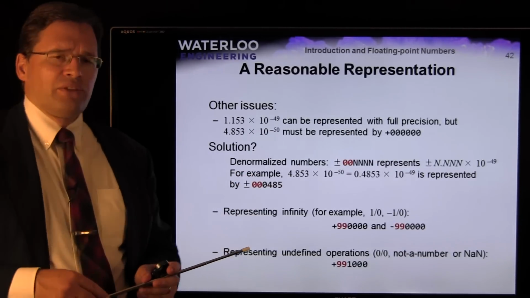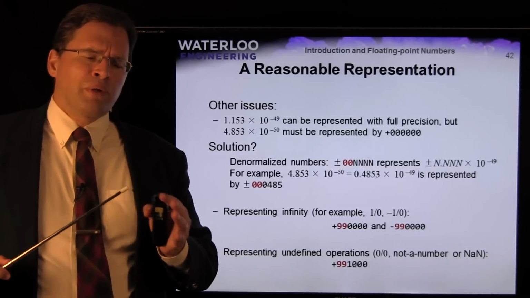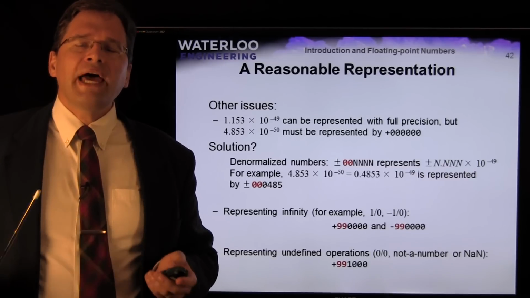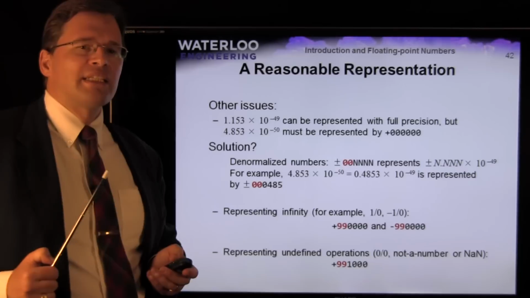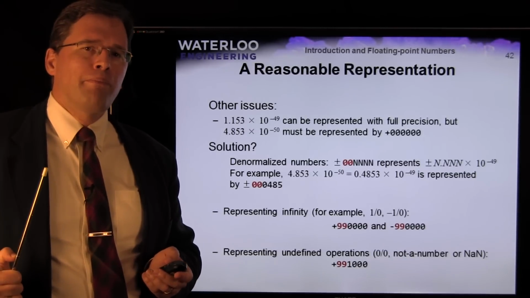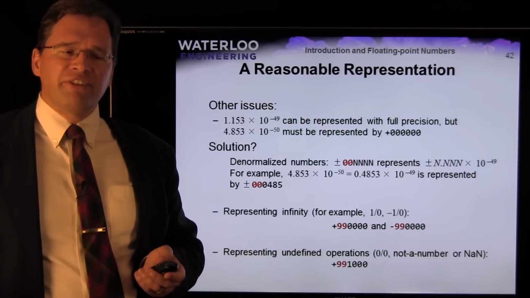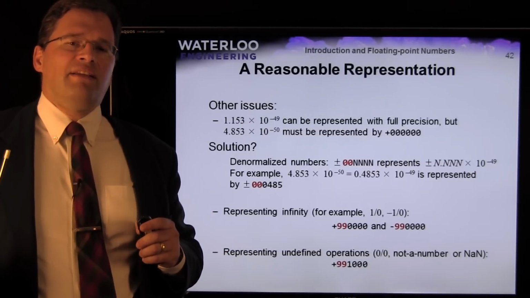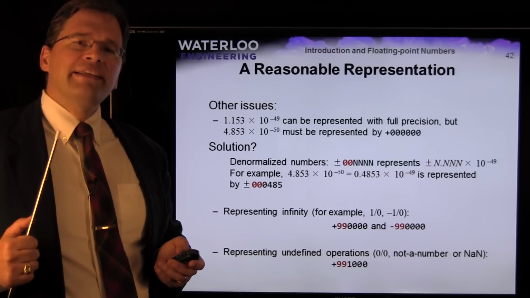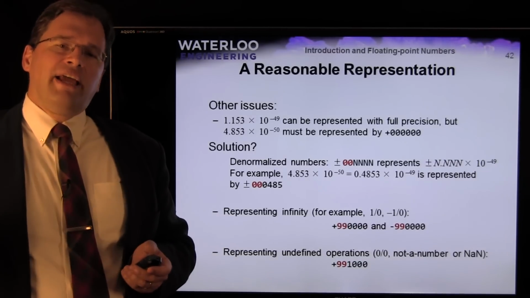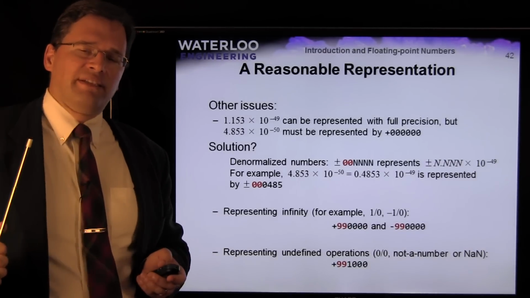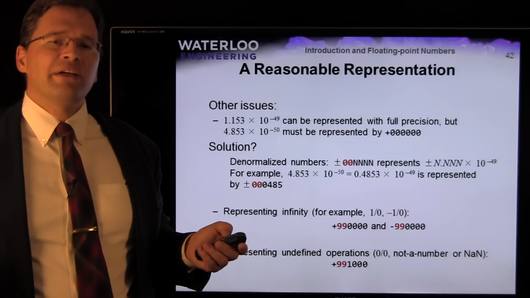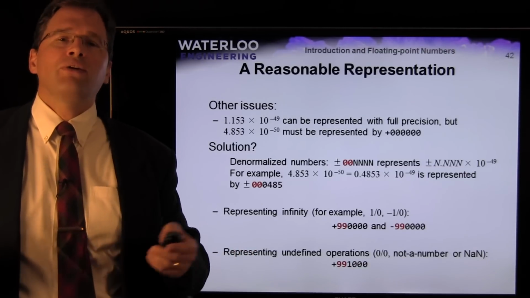There's something else interesting, and there are going to be a few questions on the lab about it: what happens if you do a floating point operation such as 0 divided by 0? Well, this isn't infinity, it could be anything. It's an undefined operation. And in calculus, you saw that 0 over 0 is a limiting case. It could be any real value, or it could be infinity, or it could be 0.